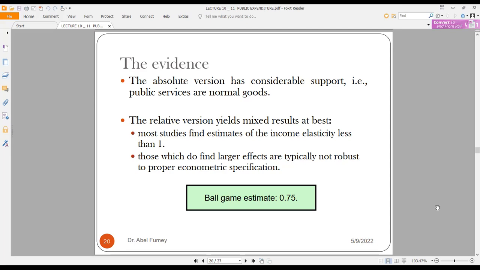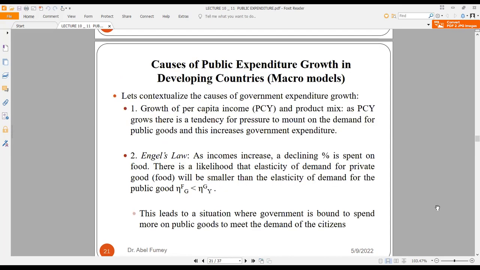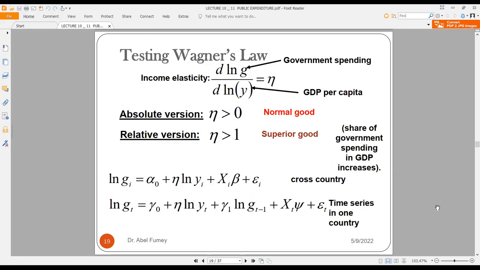It suggests that the expenditure that the government spends on these goods is positively related to the per capita income in the country.